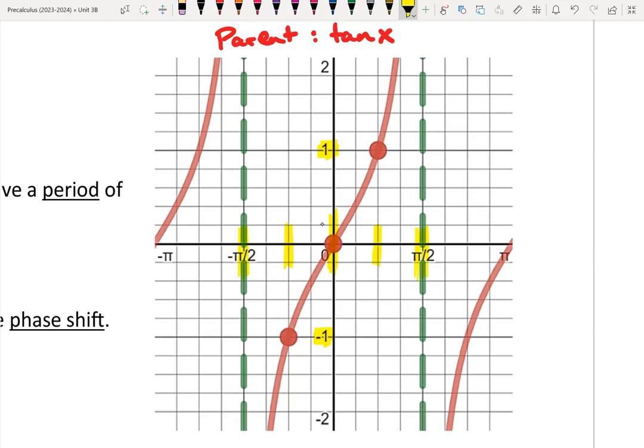So that'd be 1, 2, 3, 4, and 5 key locations, just like we did with sine and cosine. So again, we will be graphing that main period. We'll be starting by finding our vertical asymptotes and putting everything in, and then applying our different transformations.